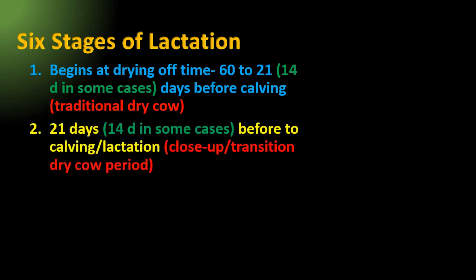Then comes stage 2. Stage 2 is referred to as the close-up dry cow period. So it is 21 days prior to calving, or in some cases 14 days prior to calving or lactation. This is also known as the close-up or transition dry cow period.